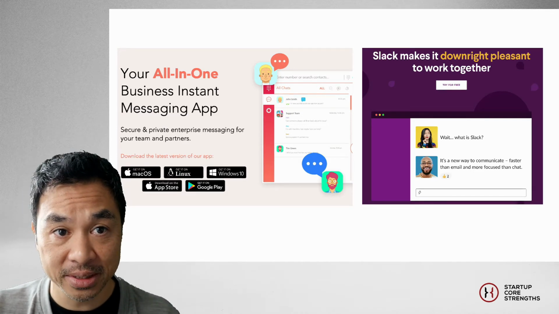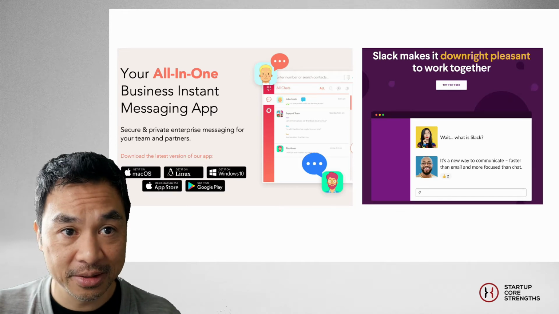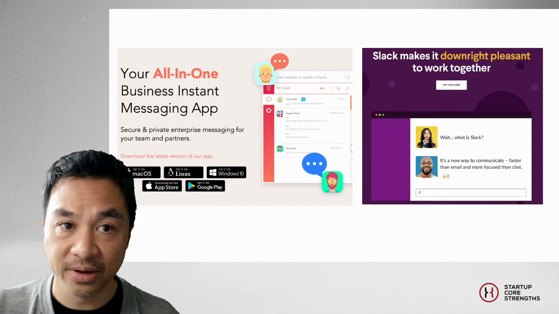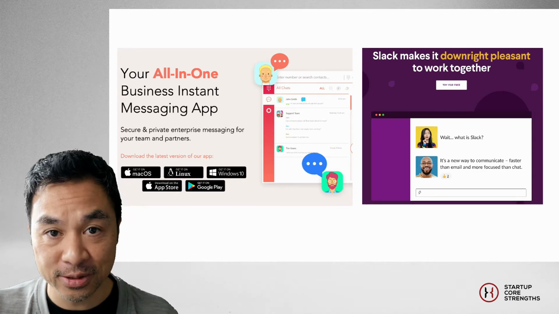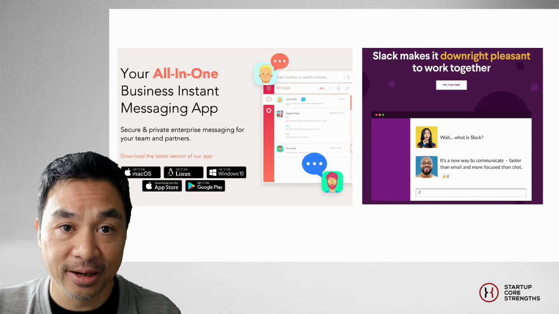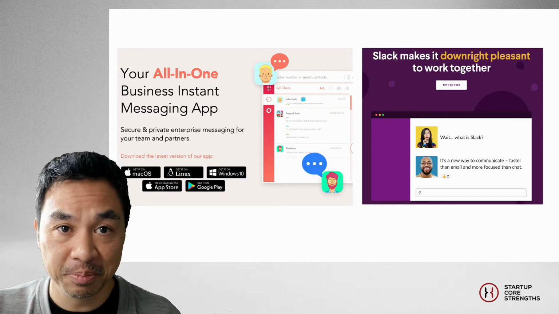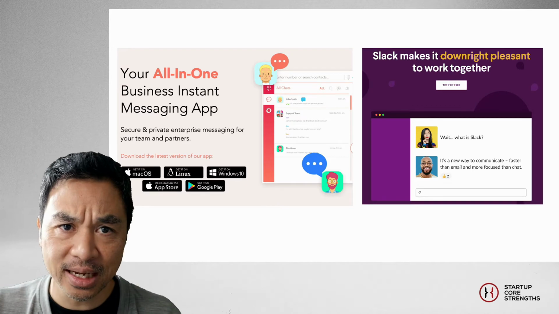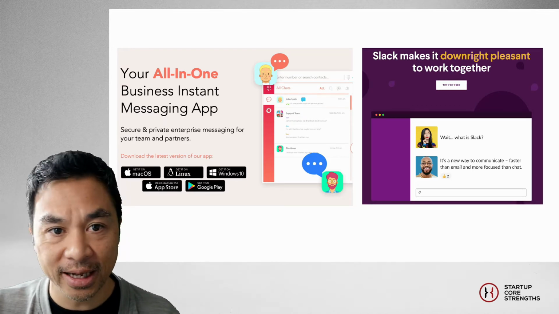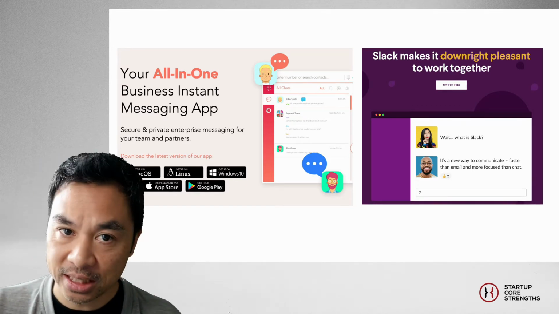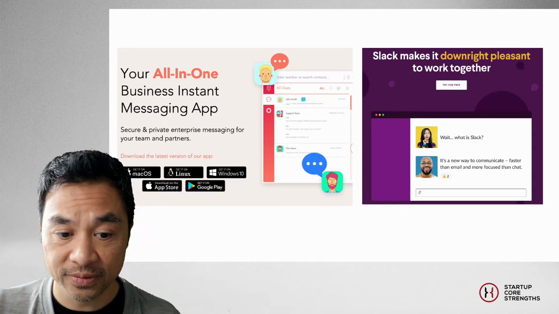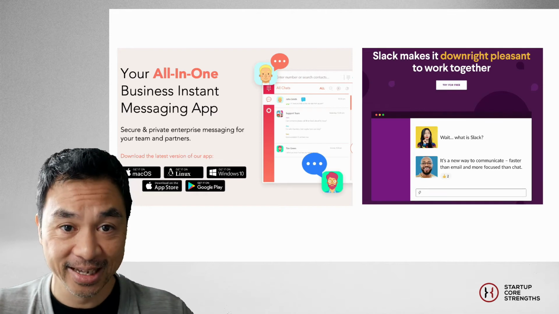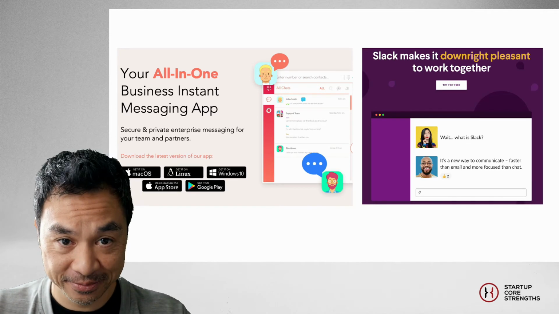Your all-in-one business instant messaging app, secure and private enterprise messaging for your team and partners, right? Very clear, says what it does. Now on the right is Slack, and almost everyone knows who Slack is, right? And Slack says it makes it downright pleasant to work together. Again, witty, not very clear. So if you are of Slack prominence, feel free to ignore this headline test. But for the rest of us, we need to be clear.